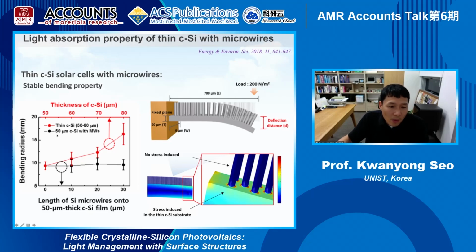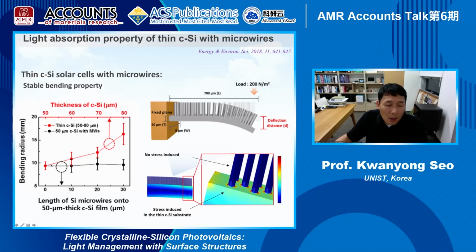Starting from the 50 micron crystalline silicon substrate, if we increase the bottom substrate thickness 10 micron more, or 20 micron more, or 30 micron more, meaning the overall thickness is 60, 70, 80, this red curve shows that for the thin crystalline silicon from 50 to 80 micron, the bending radius is significantly increased, almost linearly. So the 80 micron crystalline silicon substrate shows almost 16 or 17 millimeter bending radius.